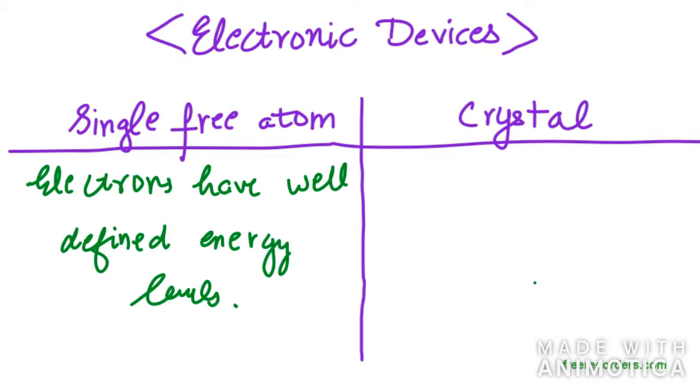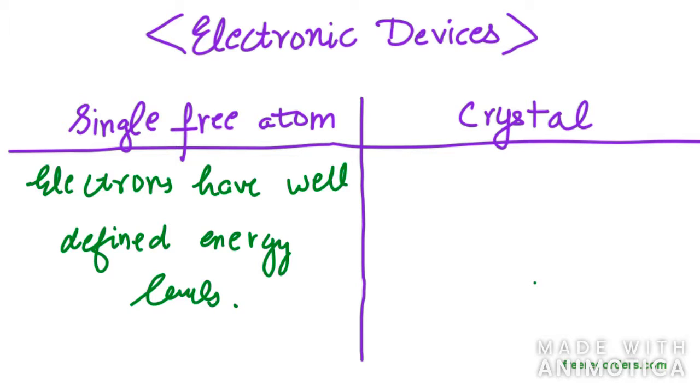First of all, if you want to start with these, you should know how energy bands are formed. For that, you should know what a single free atom and a crystal are. In a single free atom, we have only one type of atom, and the electrons have well-defined energy levels, which means they all have the same energy levels.